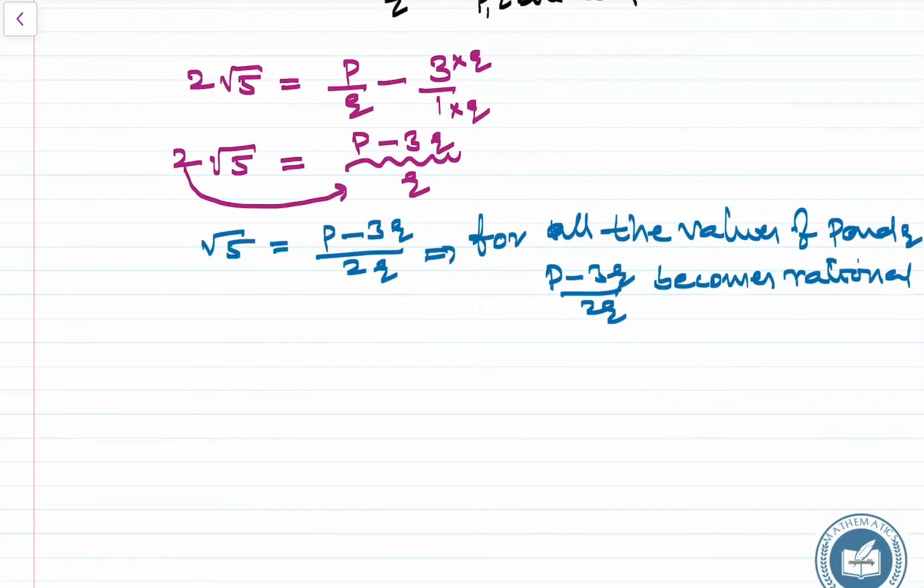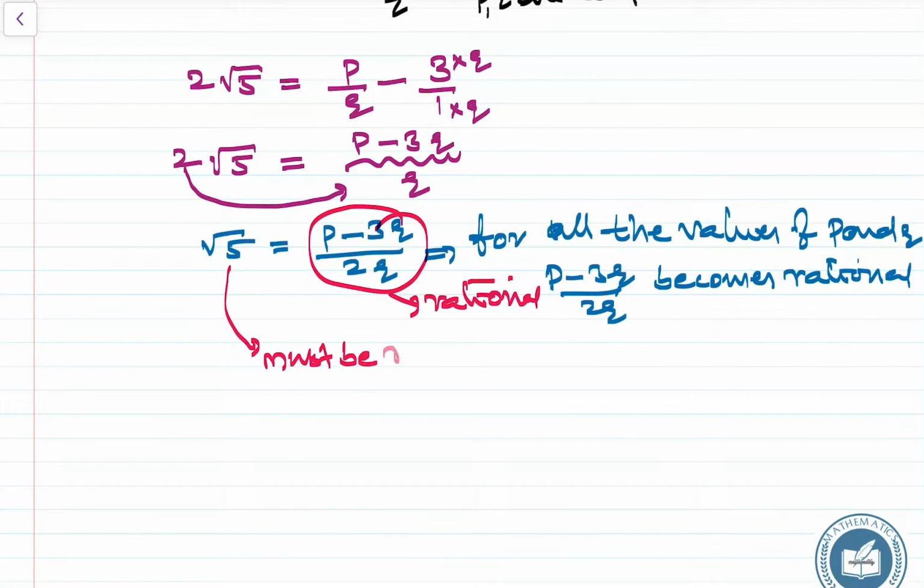So this one is a rational number, and according to LHS equal to RHS, this must be rational.